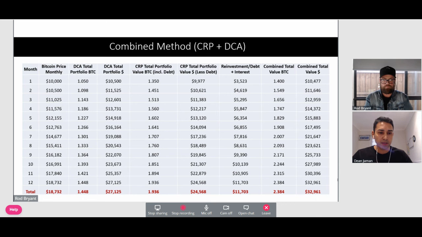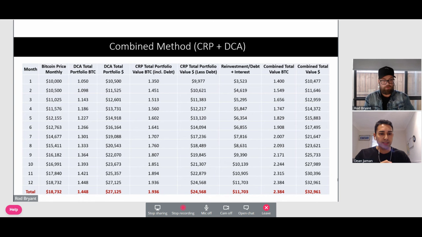So if you look at the last column, the combined total valuation of your portfolio would be 32,000, almost 33,000, as opposed to DCA alone would be 27, and CRP alone would be around 4, I think we touched on last time. Yeah, so as you can see, there's a big visual representation.